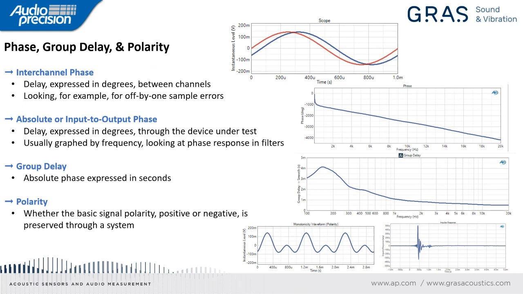And if we look at the lower graph there, we're looking at the group delay of a speaker, and one of the things you'll notice is it has significant delay at low frequency, and that's a property of that device.